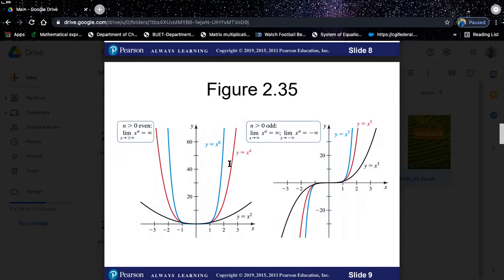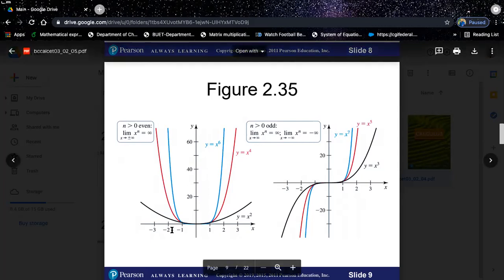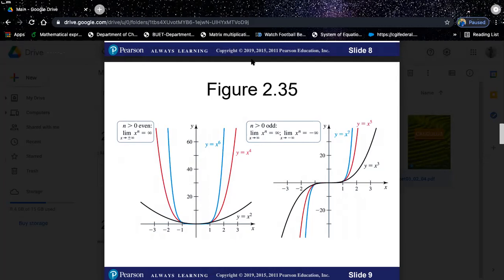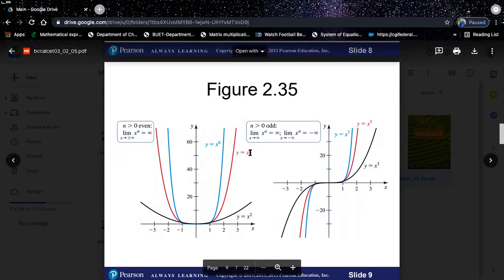It can't be negative. So that's why if we go towards positive or negative infinity, our function will take us to positive infinity. It will never have anything negative.